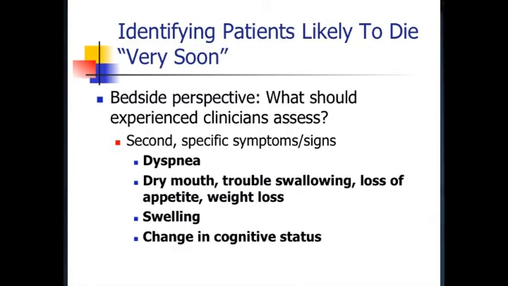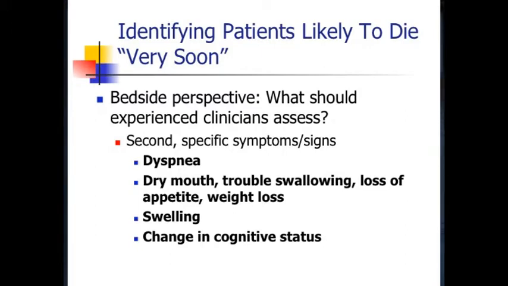And then what do you assess in terms of symptoms? Now, obviously, from the clinical perspective, wanting to enhance comfort, you'll assess all symptoms. But that's often done in a busy clinical way of saying to the patient, what bothers you? And then you might ask a few probing questions. But if you are interested specifically in improving your ability to estimate prognosis, you want to inquire specifically about a few symptoms.